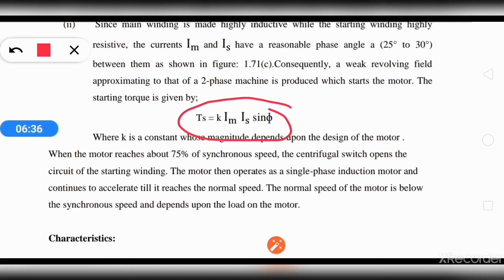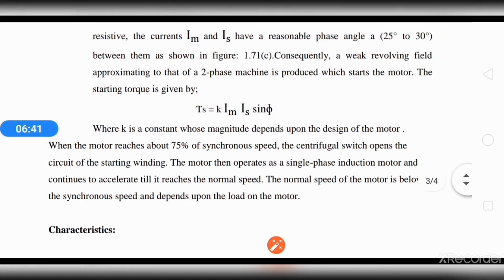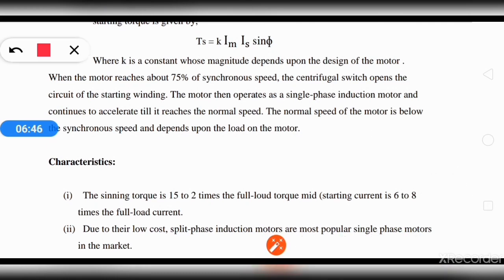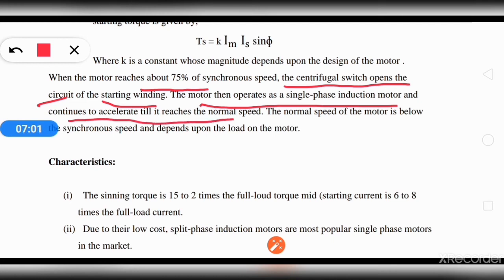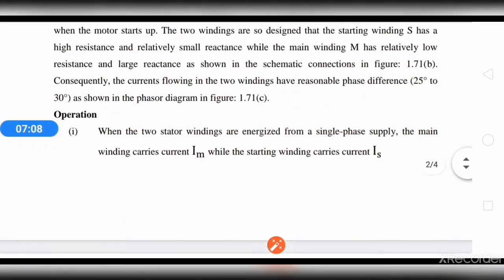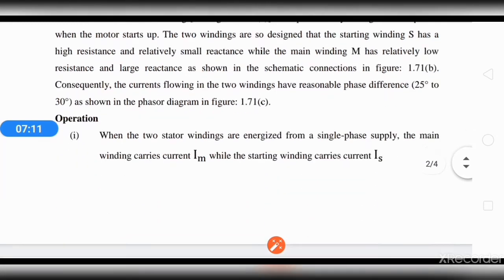So this is the starting torque, where K is constant. When the motor reaches about 75% of the synchronous speed, the centrifugal switch opens the starting winding and only the main winding remains in the circuit. The motor then operates as a single phase induction motor and continues to accelerate till it reaches its normal speed. So this is the working principle of the resistor split phase type single phase induction motor.